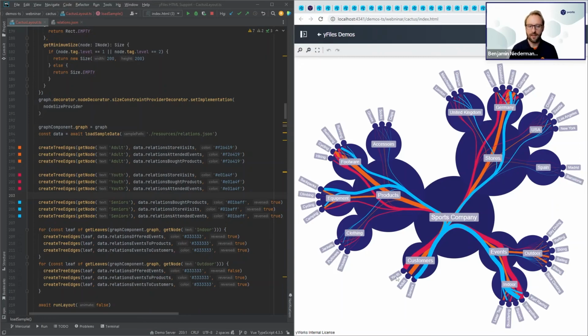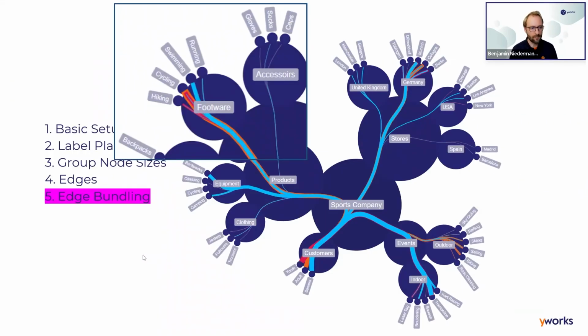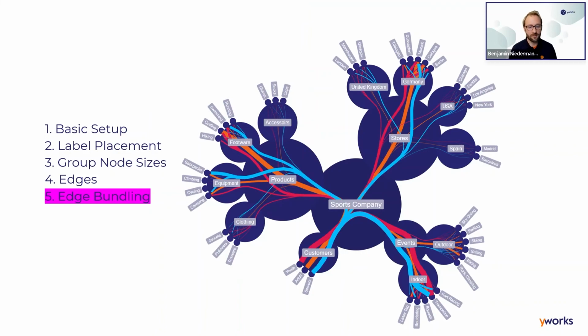And with this, you can basically separate three groups of different edges from each other, expressing different information in the Cactus Group layout. Yeah, and this is basically what I wanted to show for the edge bundling. So the edge bundling helps us to distinguish edges and their routing in the Cactus Group layout.